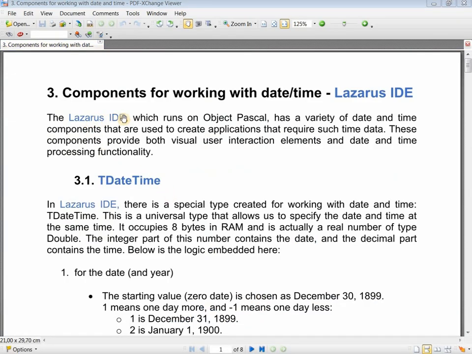In the Lazarus IDE, which works with the Object Pascal language, there are various components for working with date and time, which are used in creating applications that require such time data. These components provide visual user interaction elements and functionality for handling date and time.